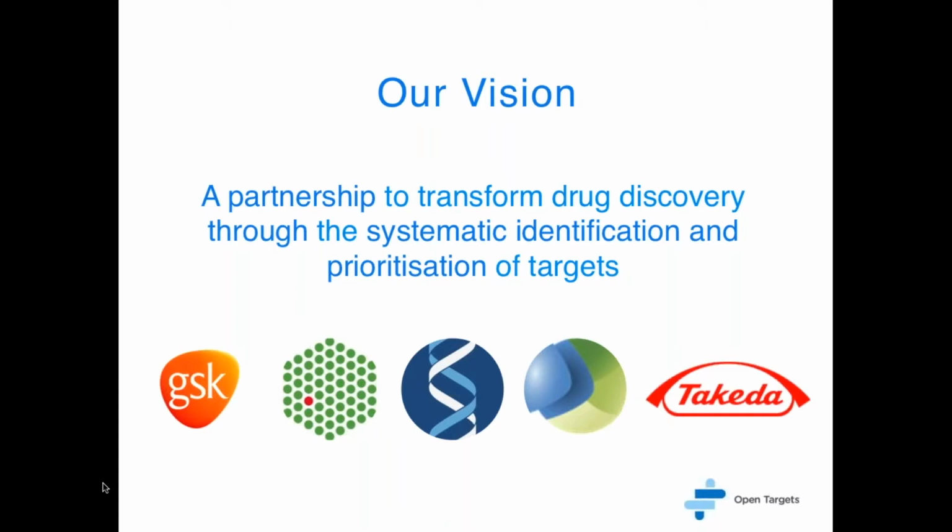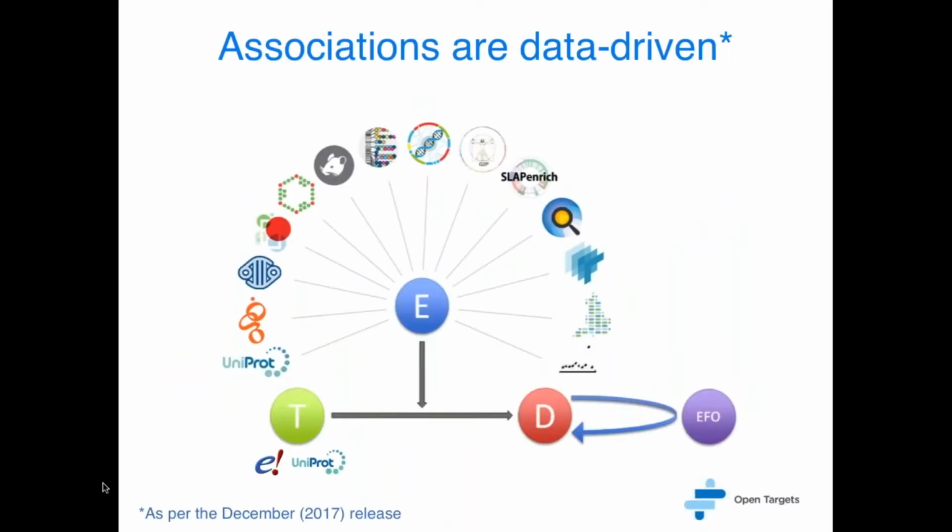Takeda joined us this week, so welcome, Takeda. And besides Takeda, we've got GSK, the EMBL-EBI, the Wellcome Trust Sanger Institute, and also Biogen. So all of those partners working together with this vision of transforming the way that drug discovery is done.